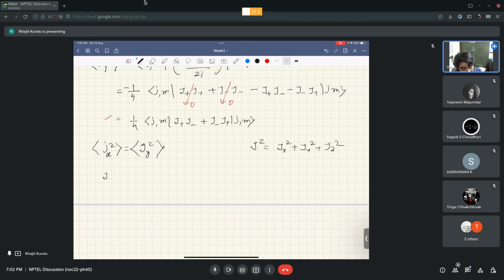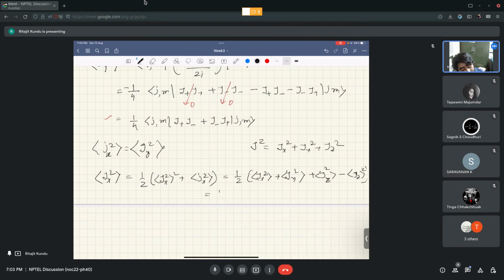The jx square expectation is, let's write it like this, half of jx square plus jx square. Now because the jx and jy squares are the same, I'll write jx square average plus jy square average. And I'll additionally add a jz square, and I'll also have to subtract that part, so jz square.